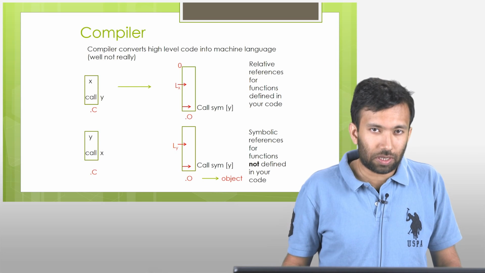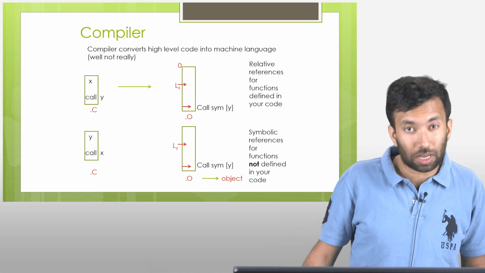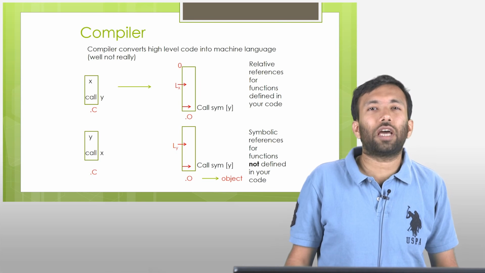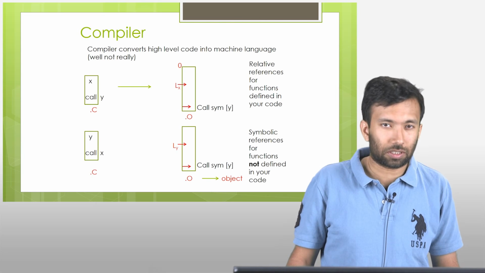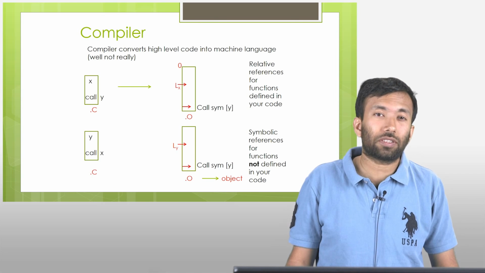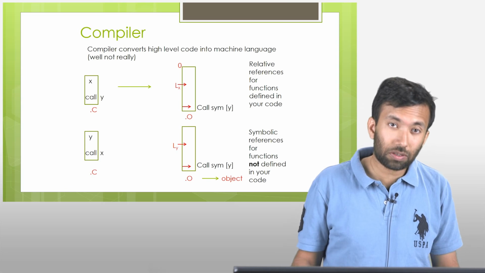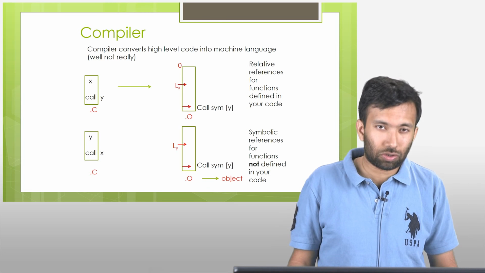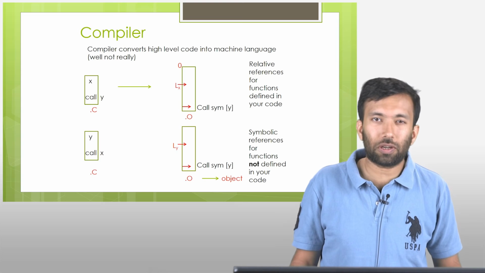Whenever you write code, let's say you write code using the C language, let's take that example. In the code you might have certain functions. There are two types of functions that people usually write. The first type is a function that you have declared and also defined in your code. You wrote the function, its definition, as well as the body of the function.